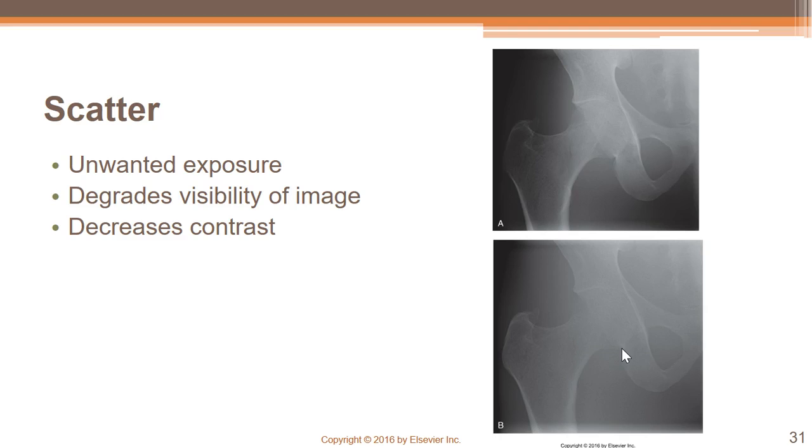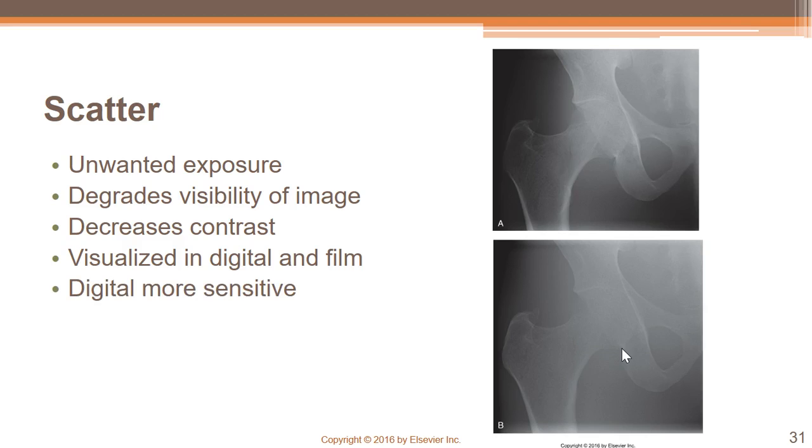Fog produced as a result of scatter can be visualized on both digital and film images, and even though the computer can change the contrast or gray levels, you need to know that the digital is actually more sensitive to scatter, and that's because the digital image receptor can detect those low levels more so than the film did.